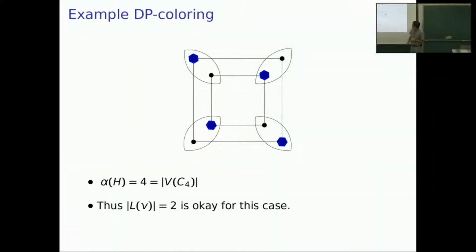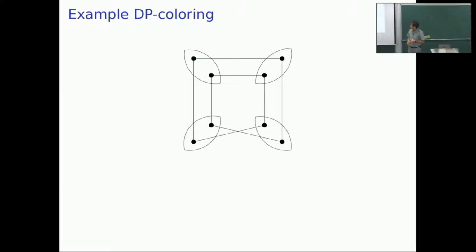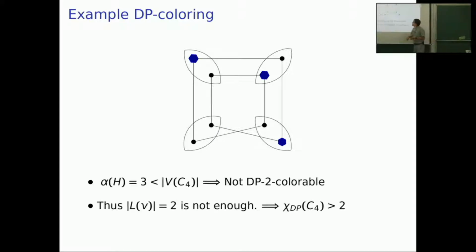In this case, we can select 4 points, I mean, we have an independent set of size 4. Then this is good. But if the matching is like this, then we are able to select at most 3 points, right? So it means size 2 is not enough. By definition, the DP-chromatic number is greater than 2.